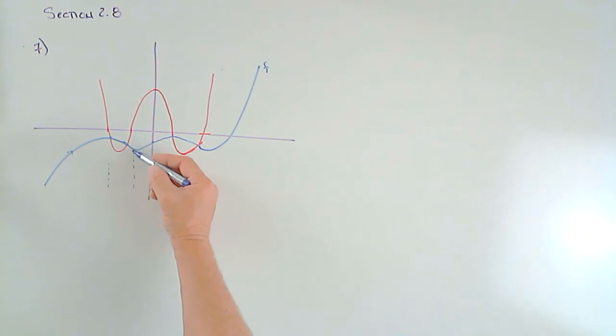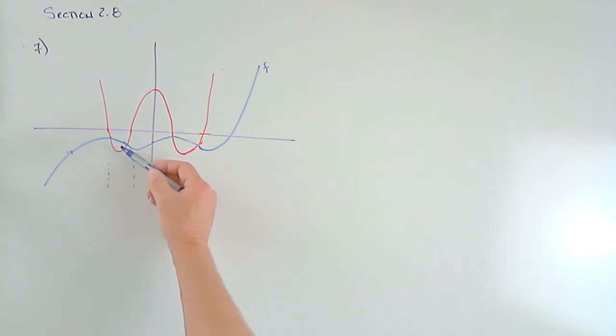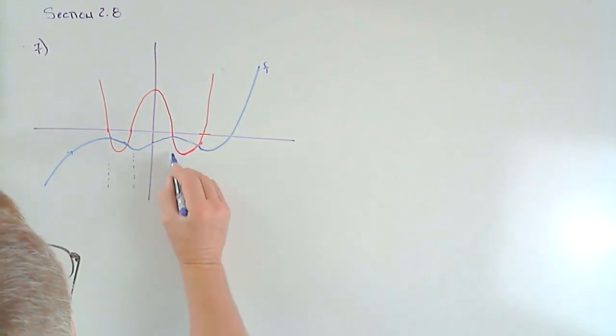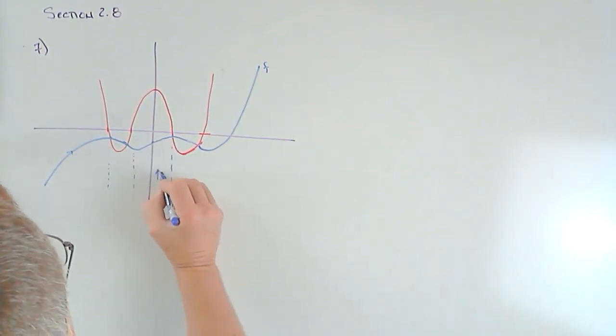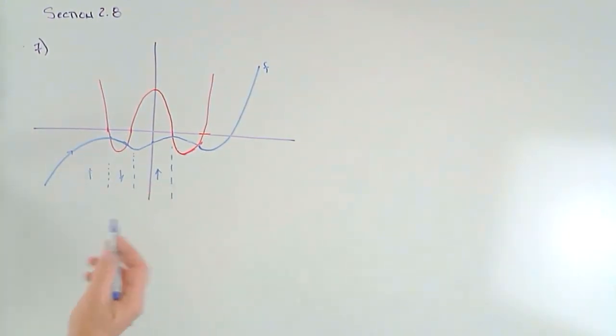The blue function is going down. And the pink graph is below the x-axis. The derivative is negative, the pink graph, if that's the derivative. Now, from here over to here, my function's increasing, my function's decreasing, my function's increasing. Writing these things down below the graph really helps.